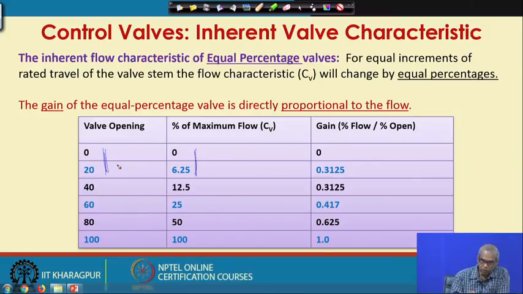So, for 20 to 40, again the same increment of 20. So, here also you see 6.25, it goes to 12.5. So, 100% increase. So, 40 to 60 again increments of 20. So, again I would expect a 100% increase, and that is what happens, 12.5 goes to 25. Similarly, for the rest of the data shown.